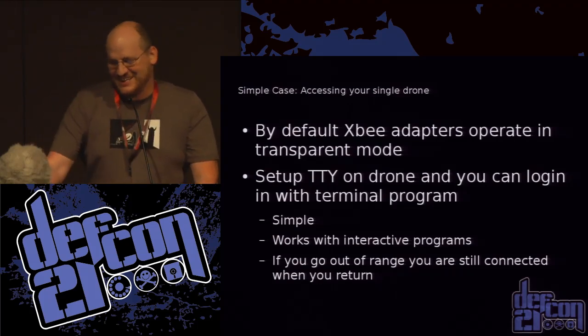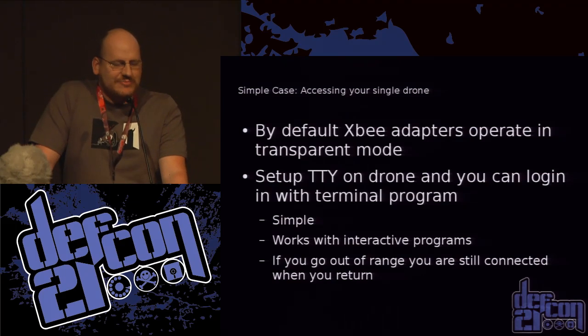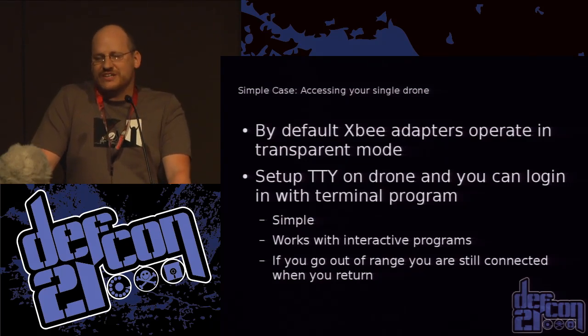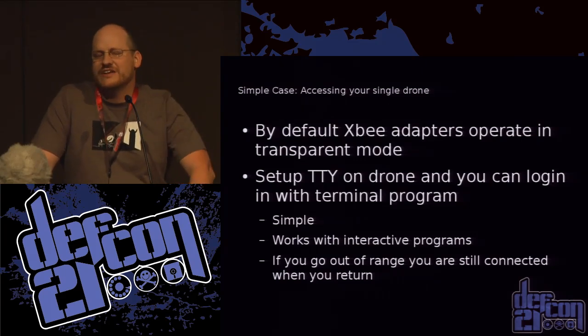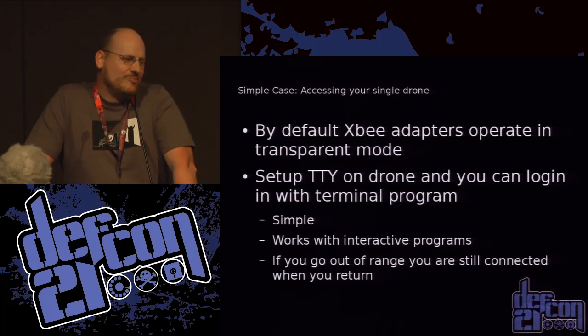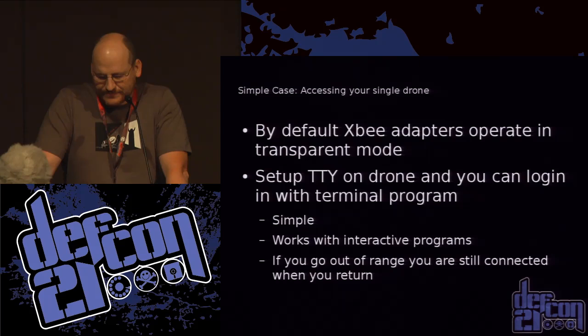All right, so by default, these XBee adapters are meant to run in what's called transparent mode, and basically what it does is if you set up the addresses properly so that two of these are pointing at each other, it makes a wireless serial port, right? So stuff just goes back and forth using the normal serial port protocols.